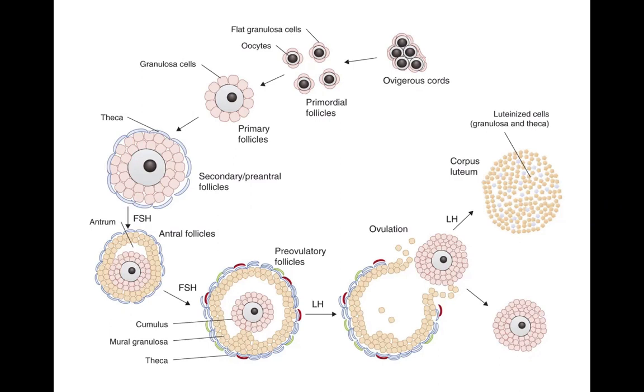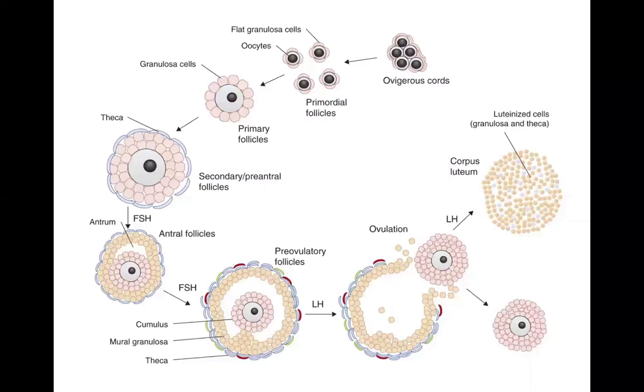This process is not happening in every follicular cell. Only maybe 1 or 2 cells, or maximum maybe a few tens or hundreds. Okay, so there is something called the dominant follicle. So what is the dominant follicle?